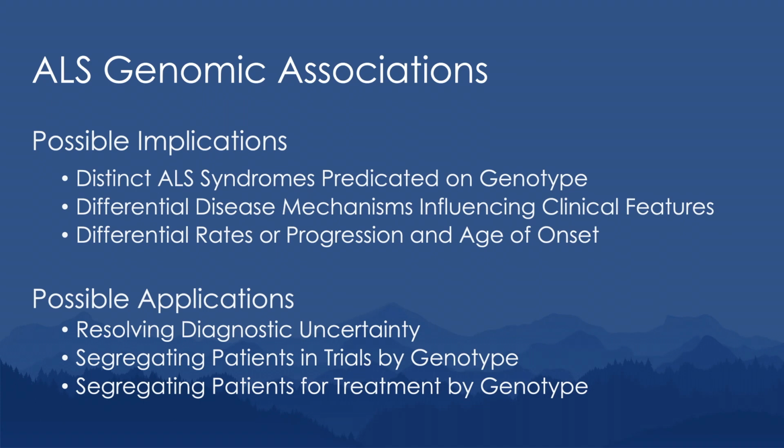The possible applications of this data in the ALS genomic landscape are in resolving that diagnostic uncertainty that I spoke to earlier, which would be a sea change in the way that neurology patients in general and ALS patients specifically are currently diagnosed.